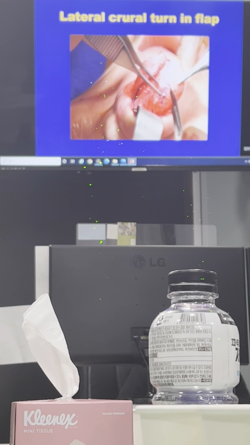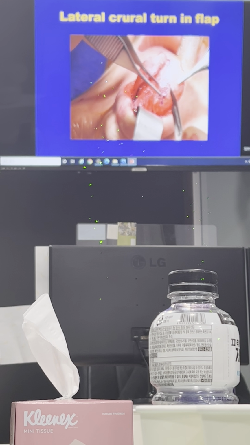Do you separate the lower lateral cartilage from the mucosa before turning it in? No, just cut and then fold. Sometimes I cut and dissect the mucosa a little bit. After that, you fold. Instead of folding, I can just slide it in.